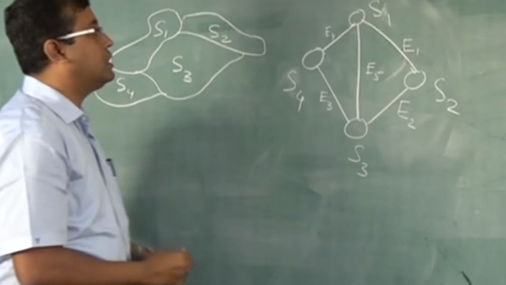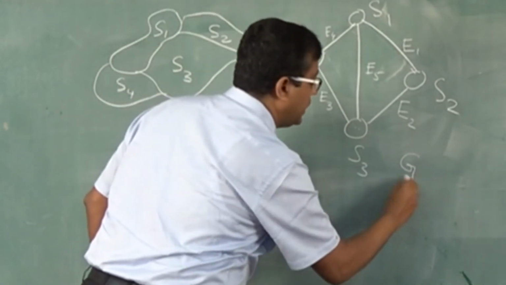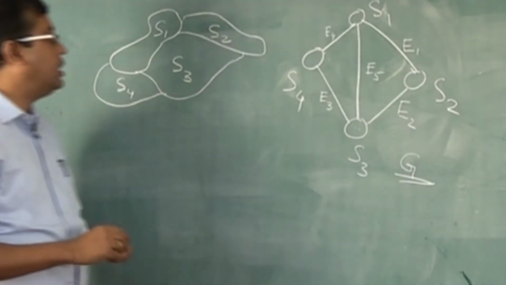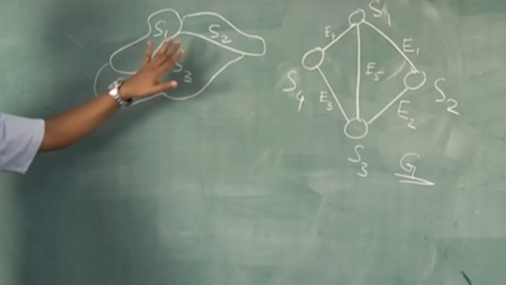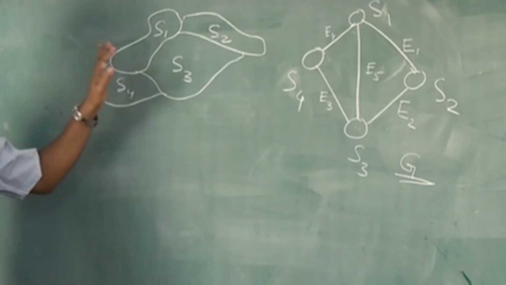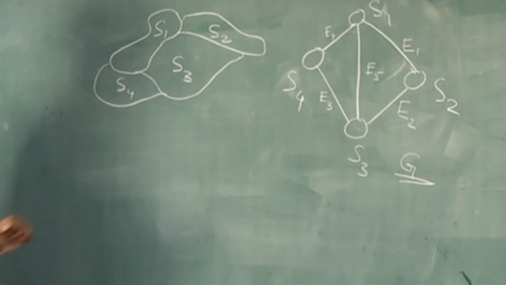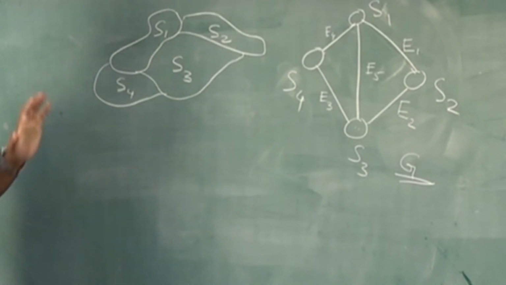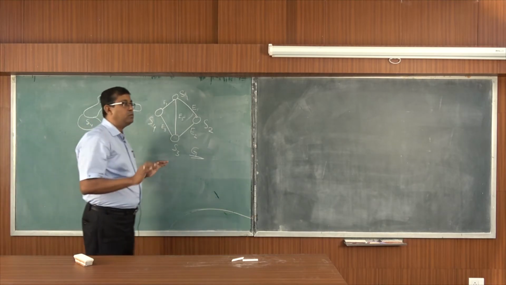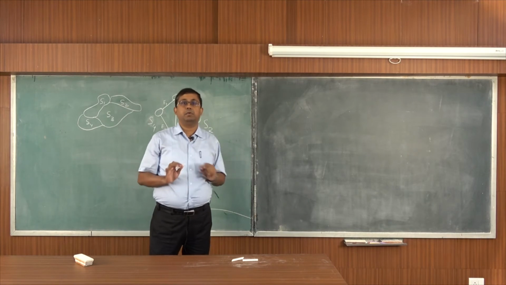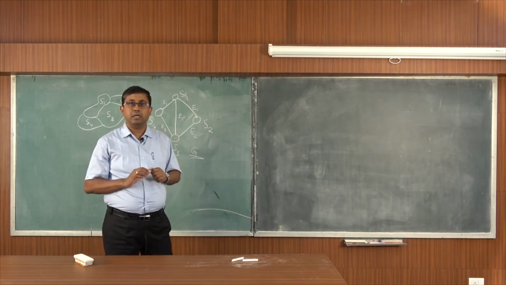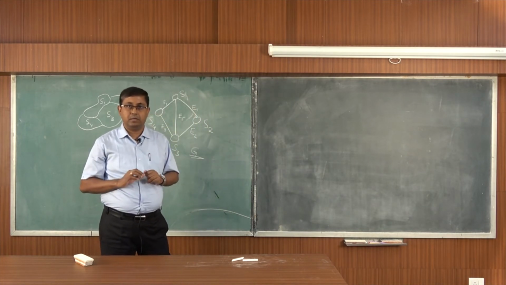So this is the graphical representation. This is a graph G which represents the scenario of 4 states in a country and the boundaries they share. So this is all about how graphs can be used to represent a real life context.